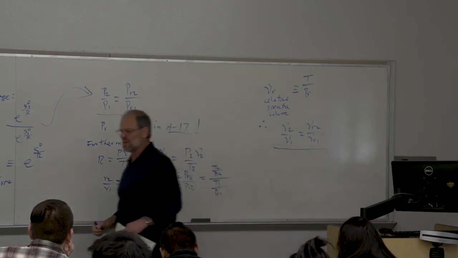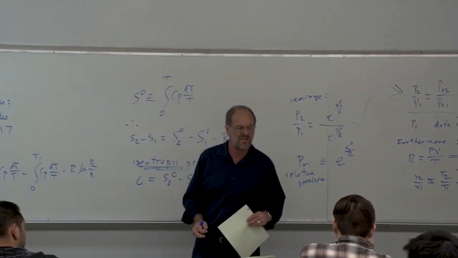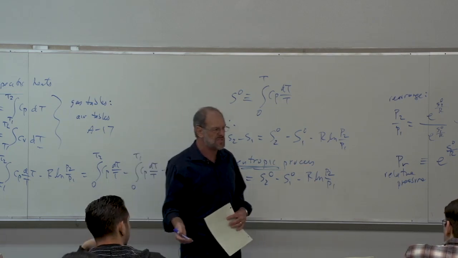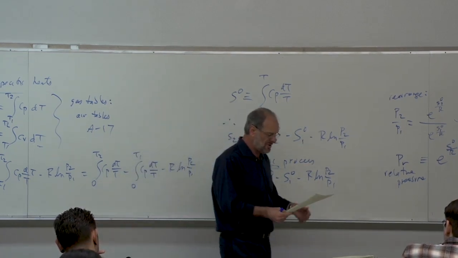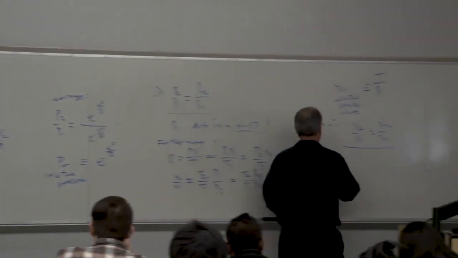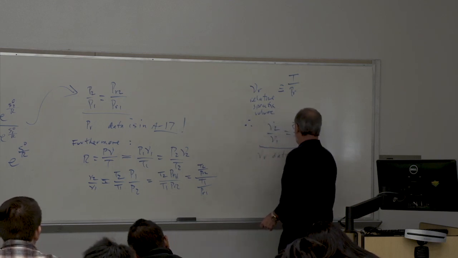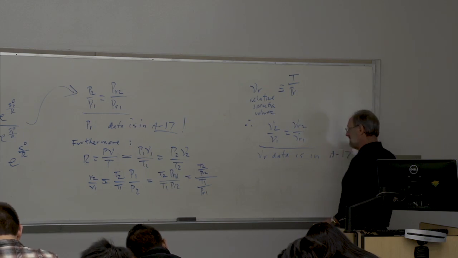So make sure you read the problems carefully. You might note that on the homework that I assigned on Monday, I put some little asterisks and I identified certain problems as constant specific heat and others as variable specific heats. So make sure you use the appropriate method. Again, they're only functions of temperature, so vr data is also in table A17.